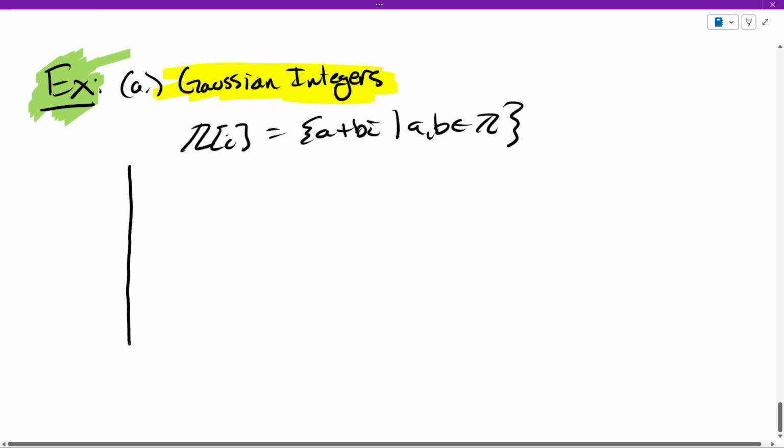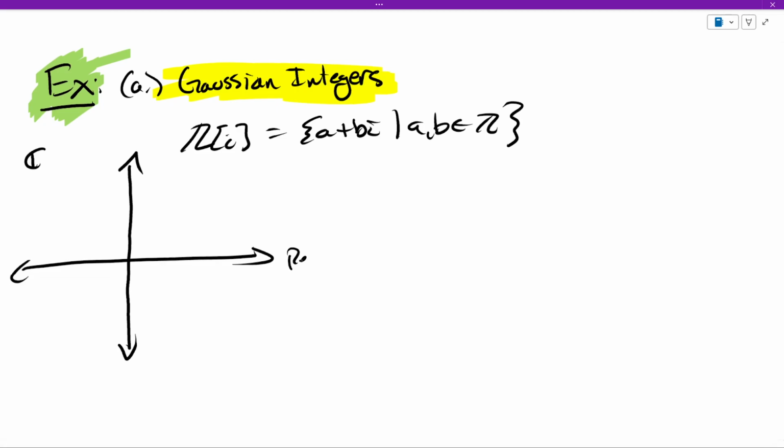We can draw C, of course. So C looks like this, and here's the real axis and the imaginary axis. And if we were to draw the Gaussian integers, let's draw them in green. Then it's just all points that are on the natural integral grid inside of here.